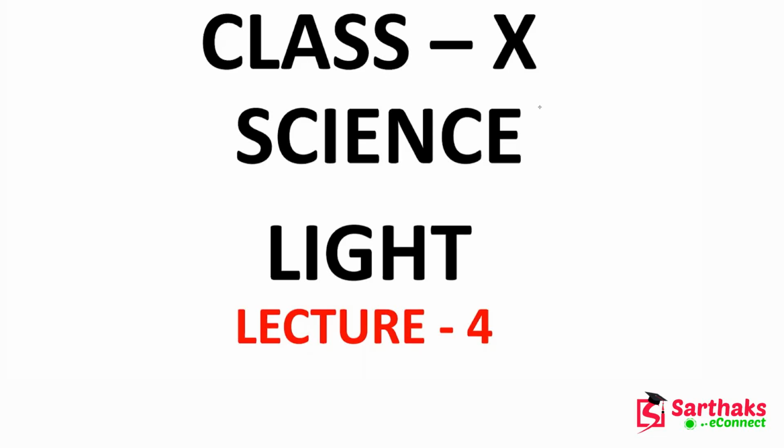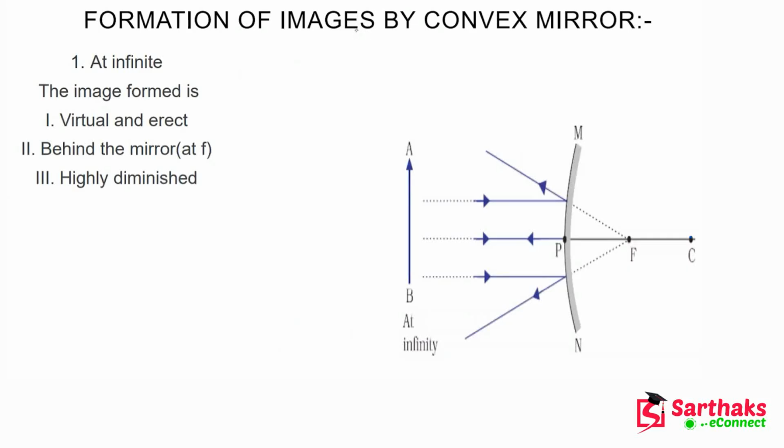So, let's move on to the next slide and try to understand what is there for us. Here we will be discussing the images formed by the convex mirror. In the previous parts, we had already seen the images formed by the concave mirror.